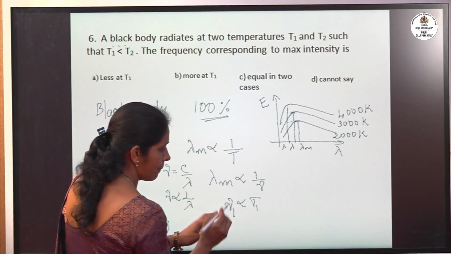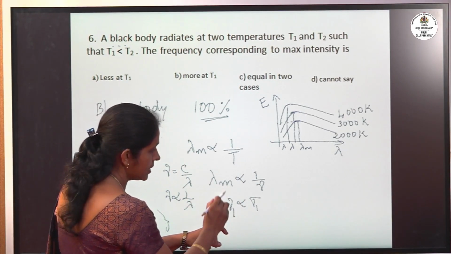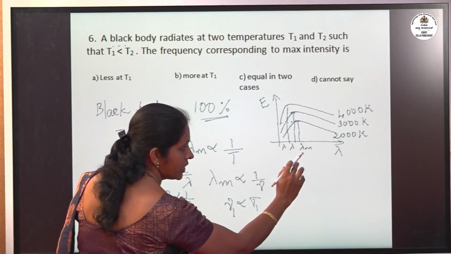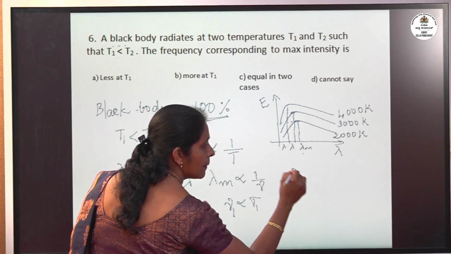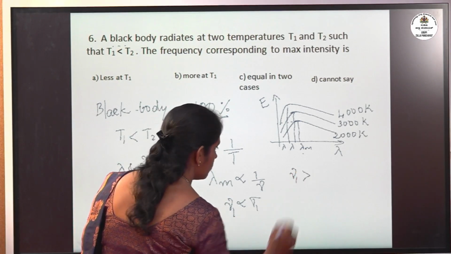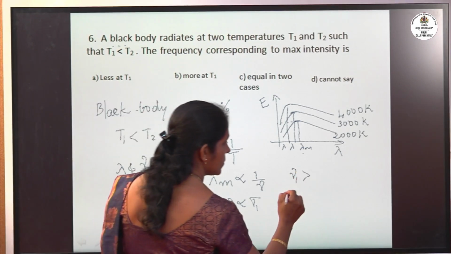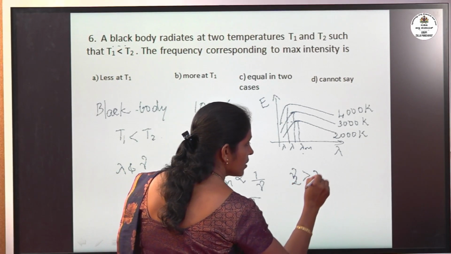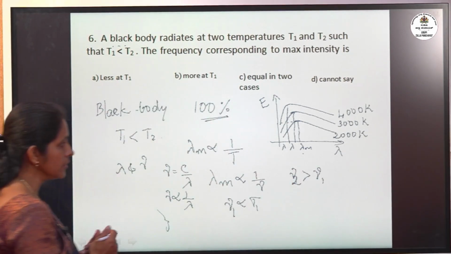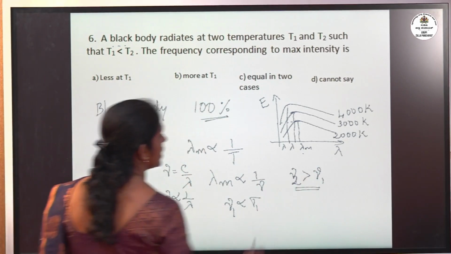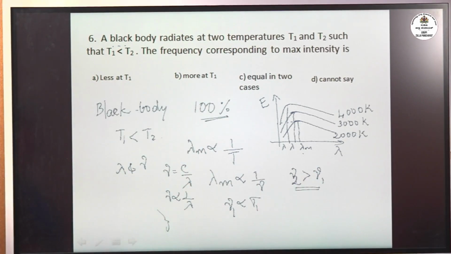Lambda m is shorter for higher temperature, so nu2 is greater than nu1.